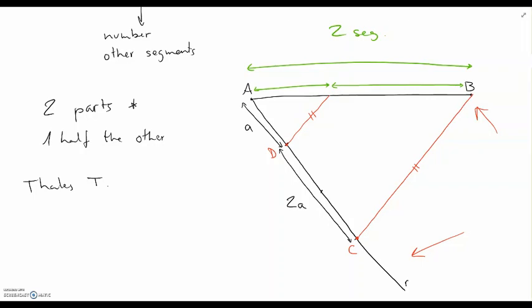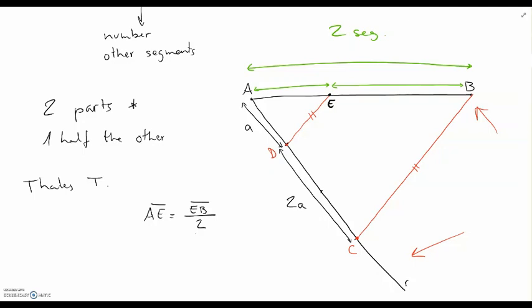If I want to name the answer, maybe I could name this point with the letter E. So AE is half the dimension of segment EB. So that's all. I hope you understood this video.